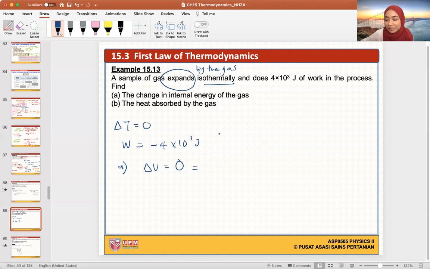Who wants to help? Nat? Can we use nRT? Yes, boleh. So what's the full equation for nRT though? nR delta T. You're missing something here.